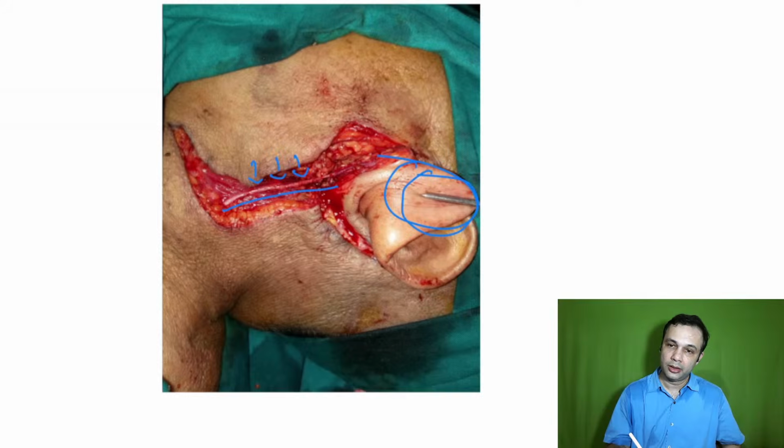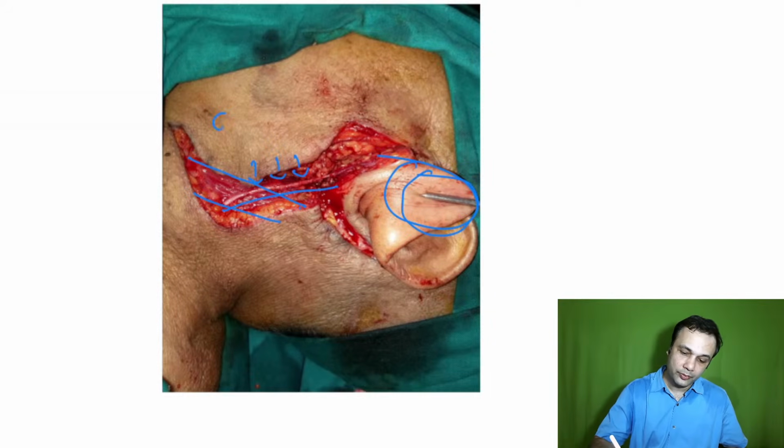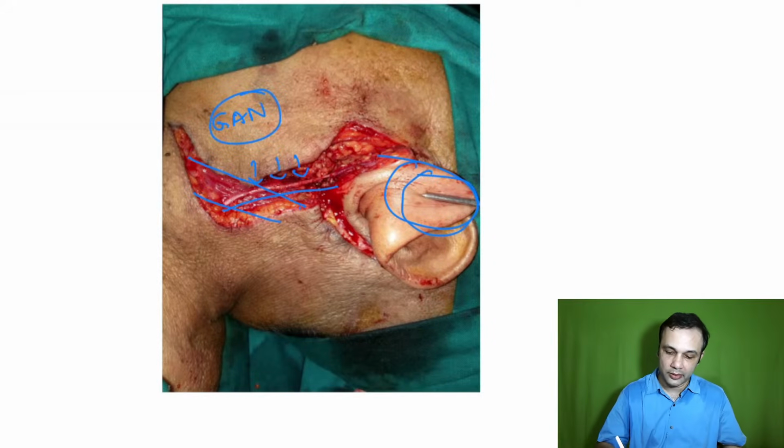No, this is anterior. This is along the sternocleidomastoid. Okay, see the pinna here? Along the sternocleidomastoid, what nerve do you get? You get the greater auricular nerve. Okay, so that nerve is the greater auricular nerve which supplies the pinna.